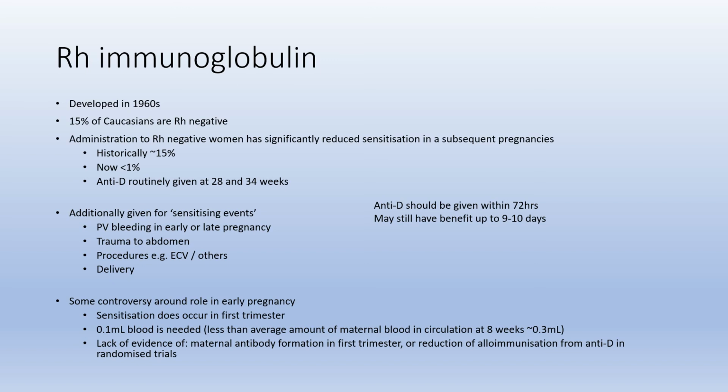Certainly it used to be common ground for any bleeding in early pregnancy to receive Rh immunoglobulin. But there is a trend now for women only requiring surgical management of miscarriage or ectopic pregnancy to receive Rh immunoglobulin. But this is very centre dependent and something that you should check your local guidelines and really operate within that framework, because this is a controversial area.